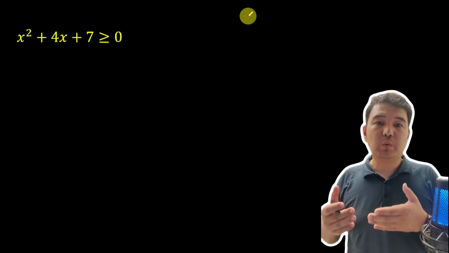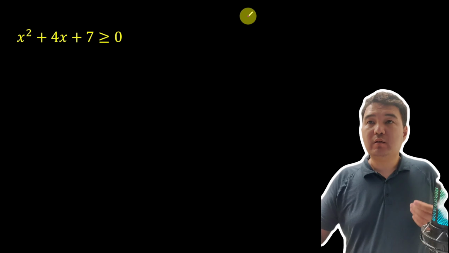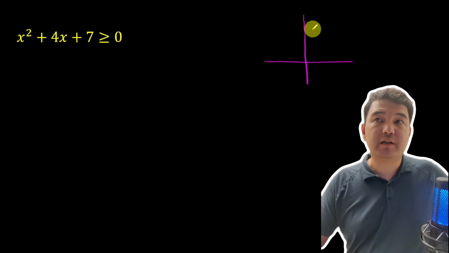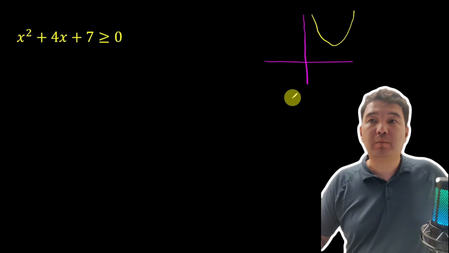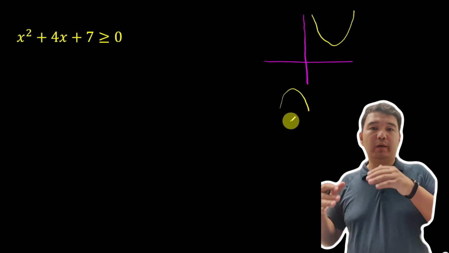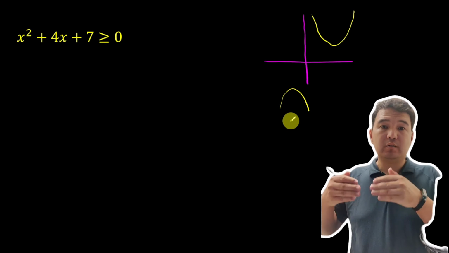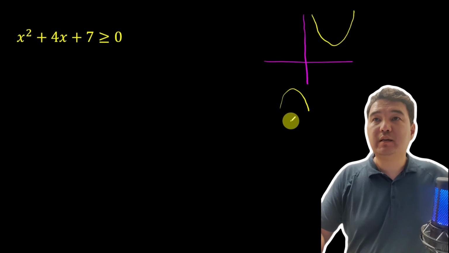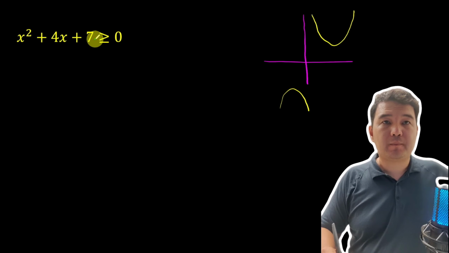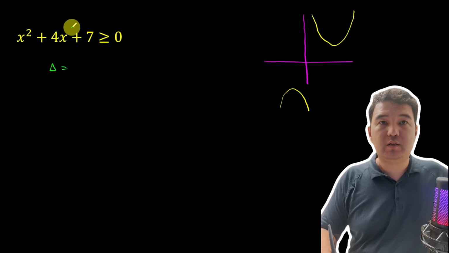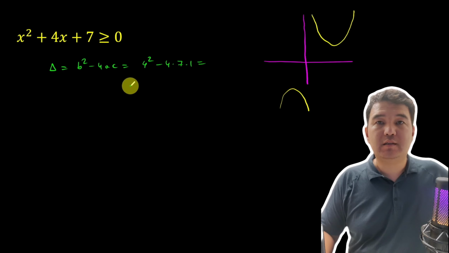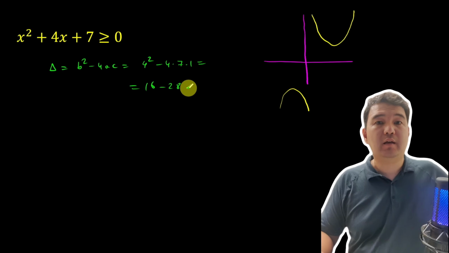Sometimes quadratic equations will not have roots. When a quadratic function does not have roots, it means the graph is completely above the x-axis or completely below the x-axis. Depending on whether it's positive or negative, the solution set of the quadratic inequality will be all real numbers or nothing. In this case, the discriminant of this quadratic function, which is b squared minus 4ac, is 4 squared minus 4 times 7 times 1, which is 16 minus 28, which is obviously a negative number.